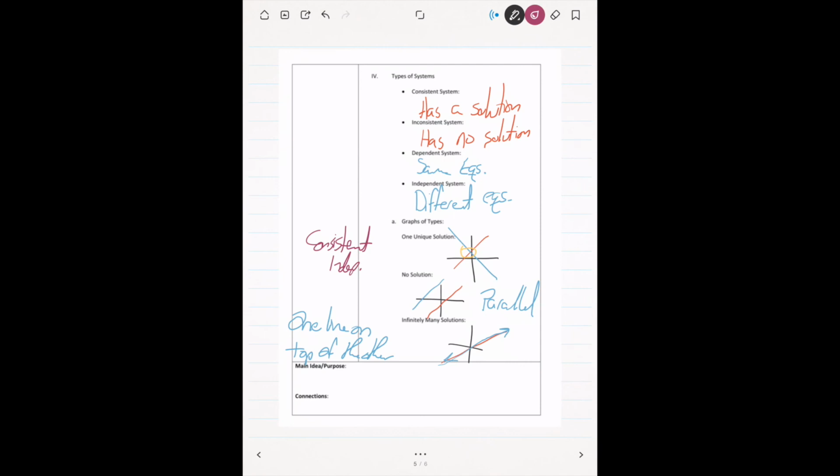Now, when there's no solution, this is going to be inconsistent, because there's no solution, but it's going to be independent because the two lines are different. They're not the same line. Now, for something that has infinitely many solutions, it'll be consistent because it has a solution. In fact, it has infinitely many, but it's also going to be dependent because it's two of the exact same line. And that's kind of the key idea here.